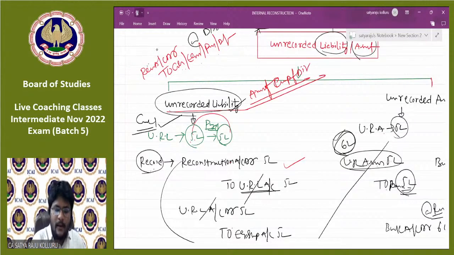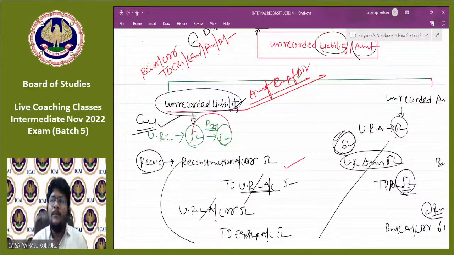In case of cumulative preference shares, the nature itself is: if the company does not have sufficient profits in any particular year, then the dividend related to that year is carried cumulatively to the next year.